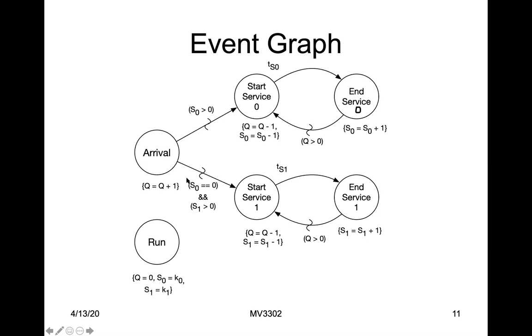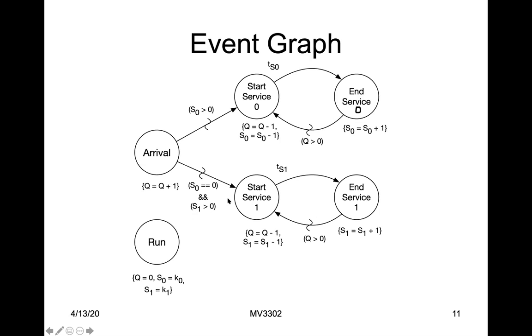So we have 2 conditions here. First, an arrival will schedule a start service on a type 1 server only if there are no type 0 servers available, and there is a type 1 server available.